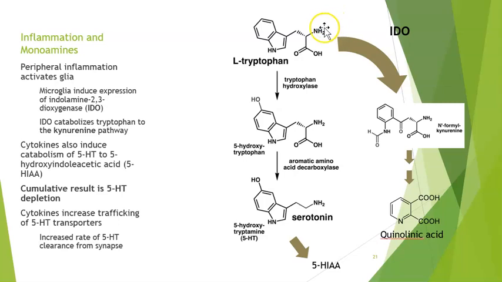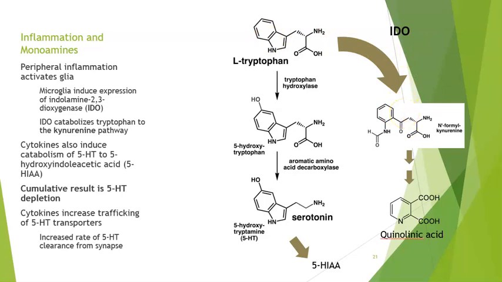And IDO actually catabolizes tryptophan in the kynurenine pathway. So that's this pathway here. Here we've got L-tryptophan that normally goes through tryptophan hydroxylase into serotonin. But IDO can also work on L-tryptophan.